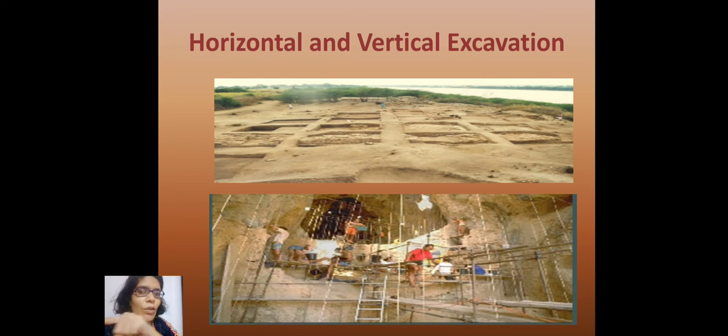You know the meaning of horizontal line. That way the excavation is going. And the lower one is called vertical excavation. That is, the archaeologist is digging straight down, from the top part to the bottom part. In that manner he is digging. So this is called vertical excavation.